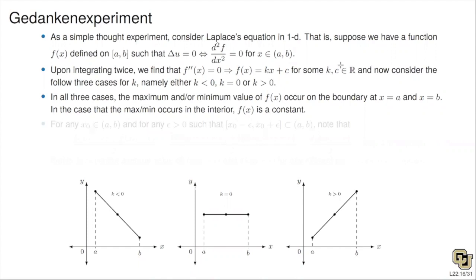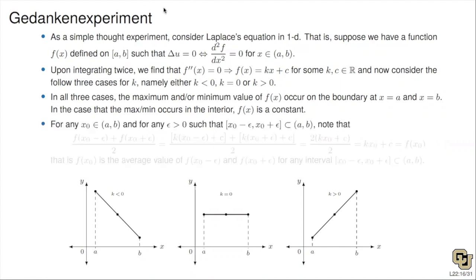Here's another thing to notice. If you pick some point x naught, so here I'm going to pick some point x naught, and pick an epsilon neighborhood around x naught that's still inside the domain AB.